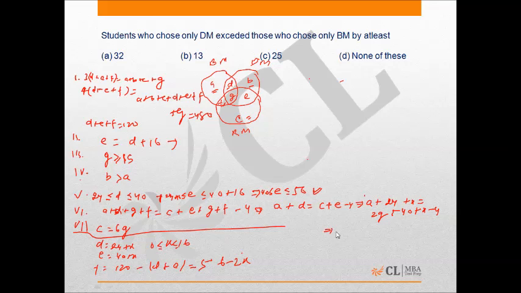From here we'll get A equals 6G plus 12.